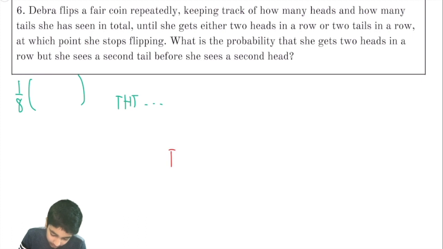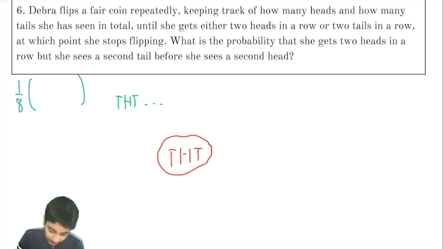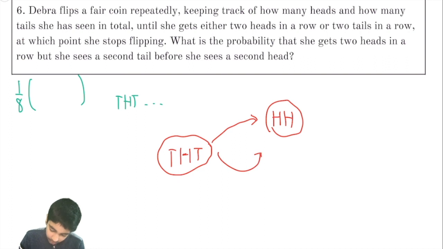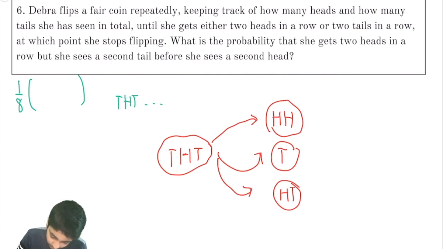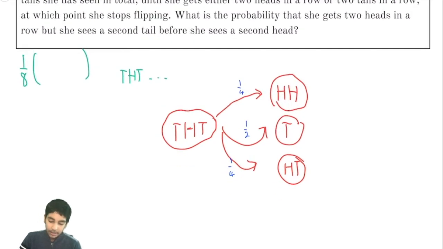From the THT state, we can either get heads and additional heads, or we can get tails, or we can get heads, tails. These will happen with probabilities 1/2, 1/4, and 1/4. So this is a 1/2 probability of going to tails, 1/4 probability of going to HH, and 1/4 probability of going to HT.